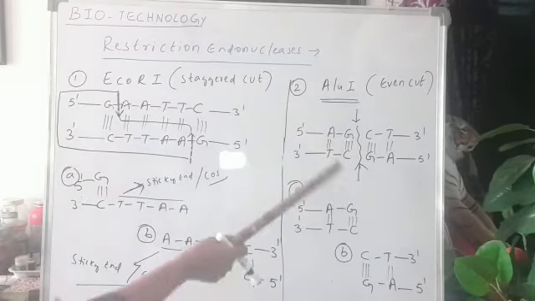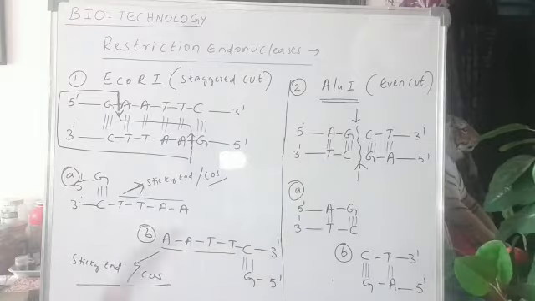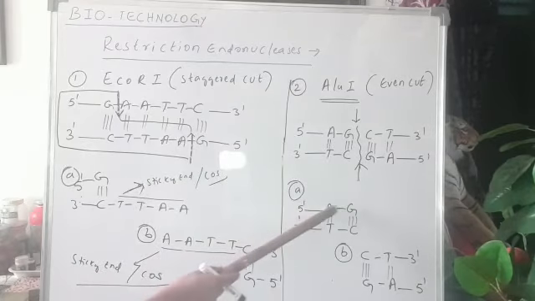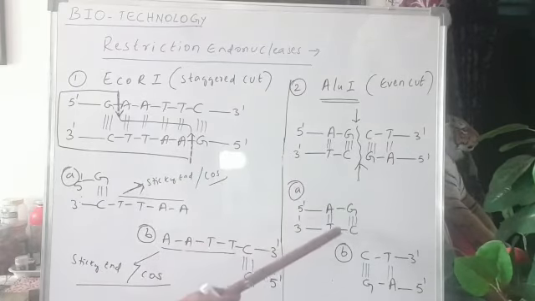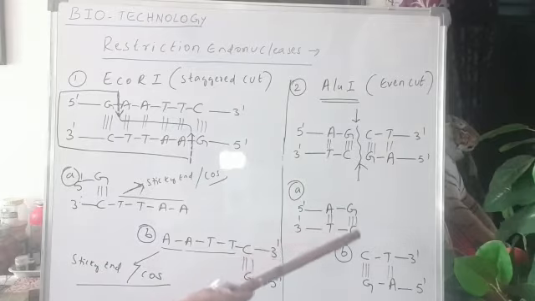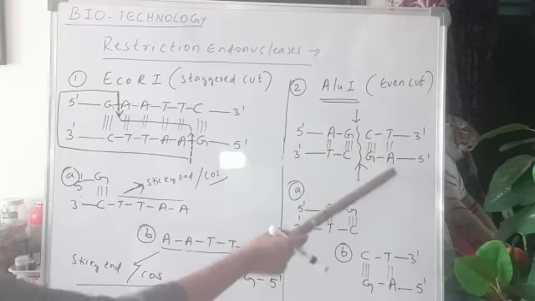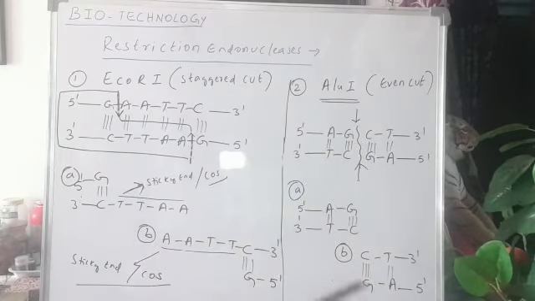As a result of this breaking, we get two fragments. The first fragment you can notice here is 5' AG 3' TC on this side. This is the first fragment, and we get a second fragment, CT, which was pairing with the GA.